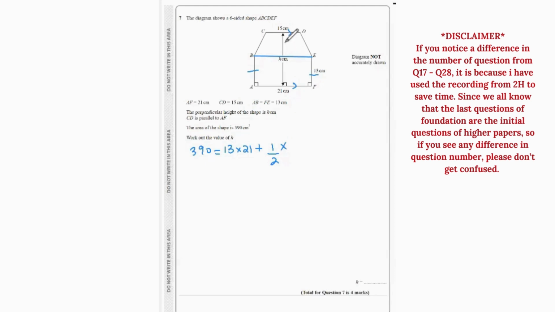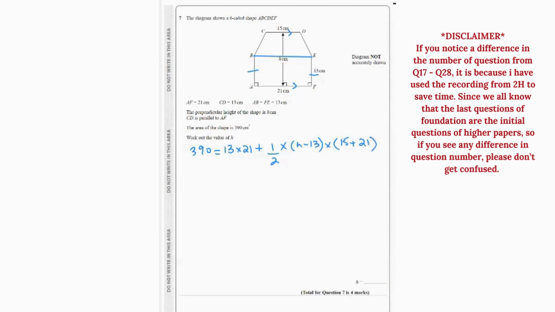Now the height over here is not going to be h, it's going to be h minus 13, times the sum of parallel sides. Parallel sides are 15 and 21 because BE is the same as AF. So this is our equation for the area.